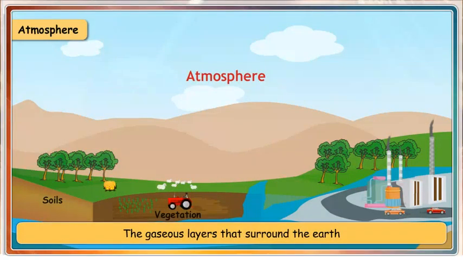Atmosphere. The gaseous layers that surround the Earth constitute the atmosphere where oxygen, nitrogen, carbon dioxide and other gases are present. The atmosphere extends up to a height of 1,600 km. It protects us from the harmful effects of sun's rays.